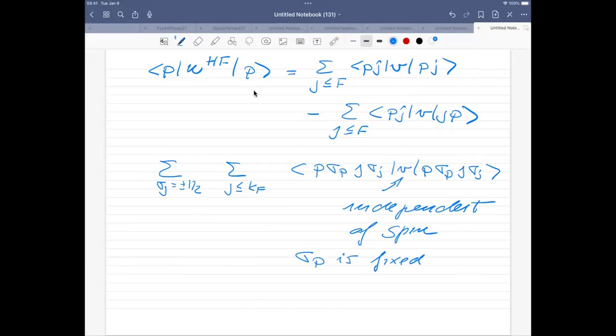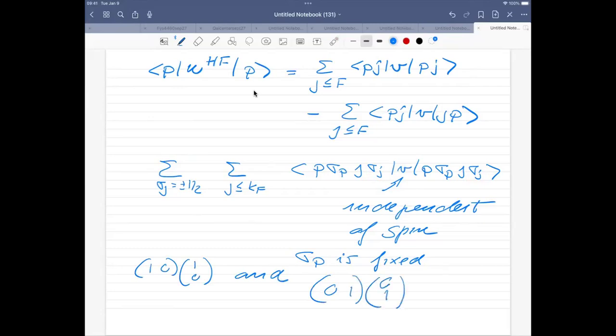I should actually have used M sigma as a label here, but that would just give some additional clutter in my notation. But then since I'm summing over the sigma J's, you see now that if you look at the result, I can have 1, 0 multiplied with 1, 0, and I will have 0, 1 multiplied with 0, 1.